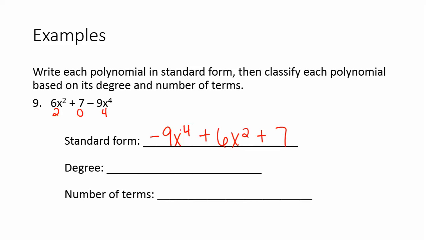Well, the highest one is a 4, so the degree is 4, but we need to write that using the term that we described, and that's quartic. And then how many terms does this have? Terms are separated by addition and subtraction signs, so we have 1, 2, 3, so this is a trinomial. So example 9 is a quartic trinomial.